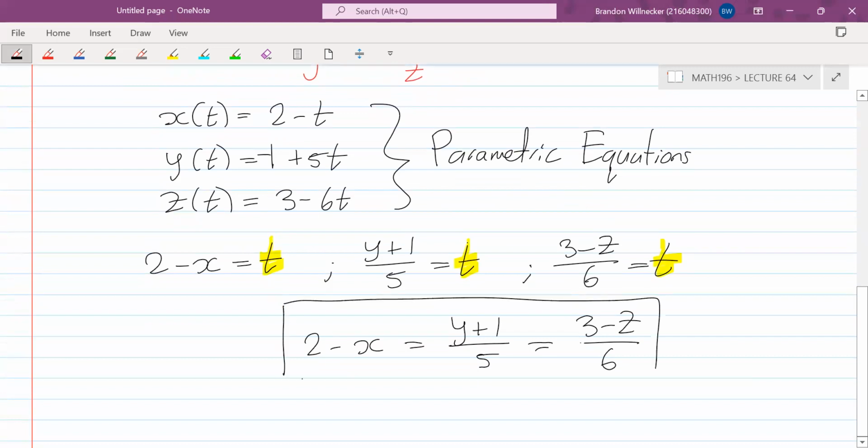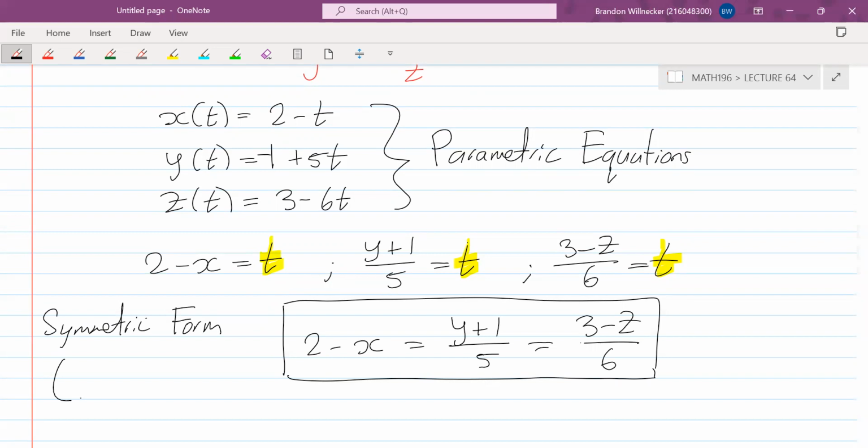Okay, and this is the symmetric form. Notice again, there is no more t parameter. So the symmetric form doesn't have any parameter to it. Okay, so those are the three ways that you can write down the equation.